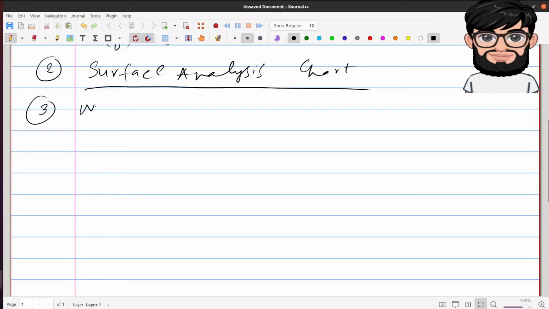Now, what is a weather depiction chart? What information does this provide? This chart contains a plot of weather conditions at selected METAR stations, and it also has the analysis of weather flying category.